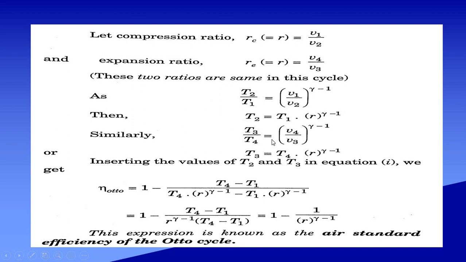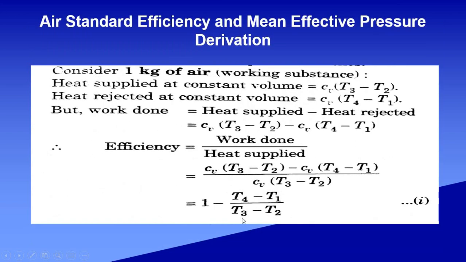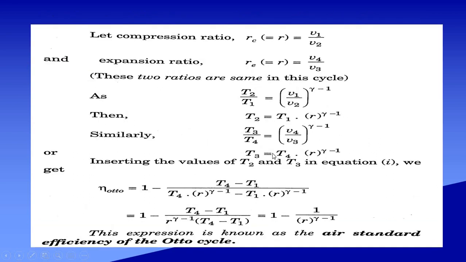So T3 will be equal to T4 into R power gamma minus 1. So you are going to substitute these values.